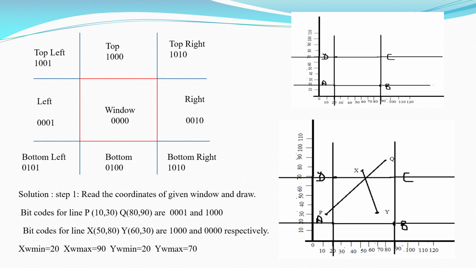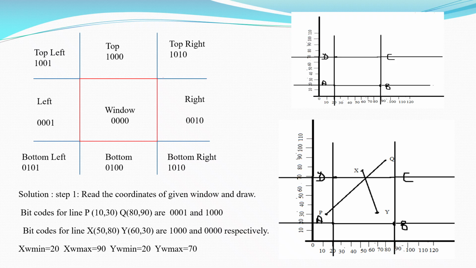The window starts from A B C D. XW min is 20 and XW max is 90, the B value. YW min is 20 and YW max is 70. So height and width we can say this. We got the minimum and maximum X values and the minimum and maximum Y values from the question.